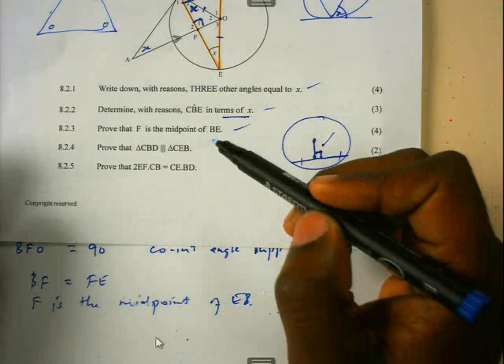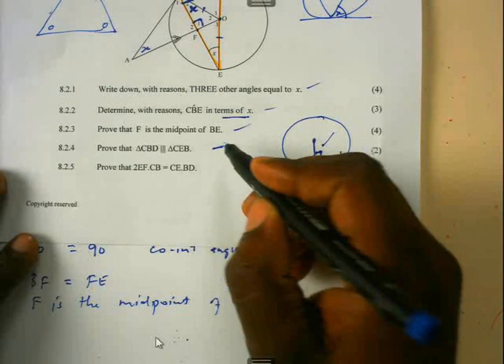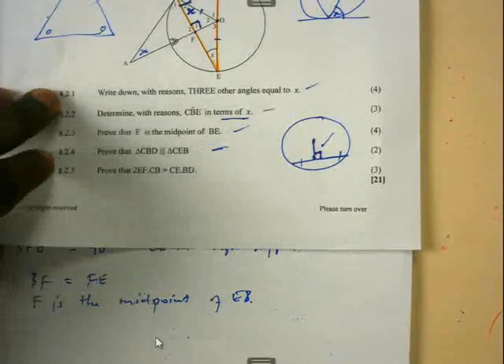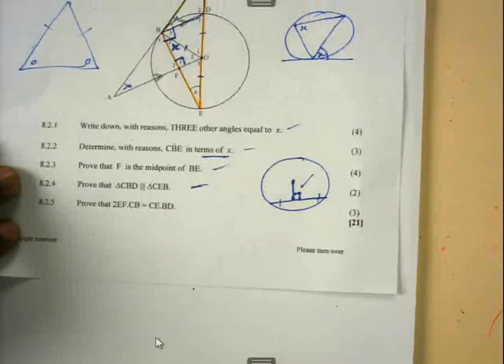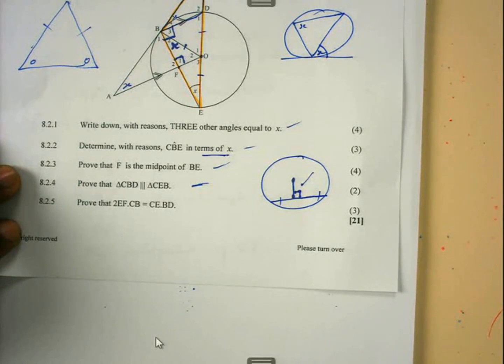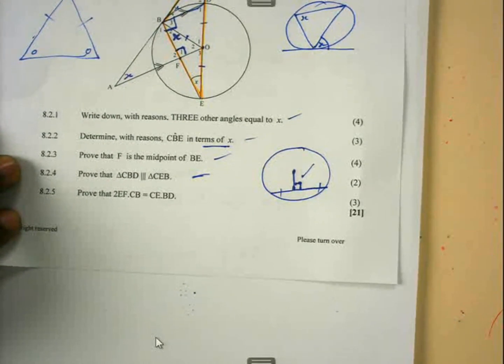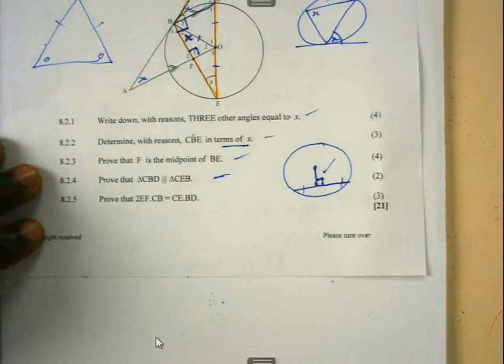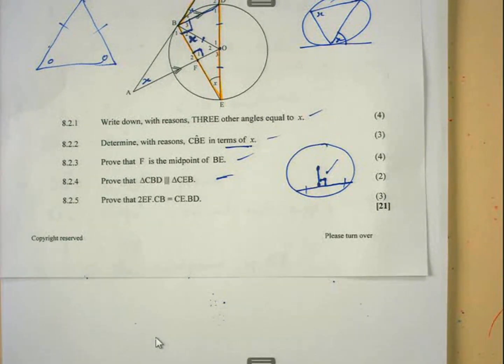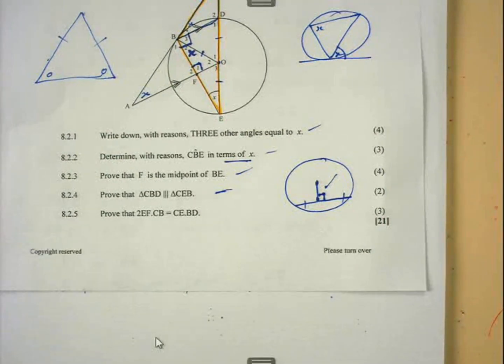Quickly, let's look at this one now. It says prove that the triangles are similar. I'm trying to fit in everything here, and I want to keep this diagram as well. Prove that triangle CBD is similar to triangle CEB.